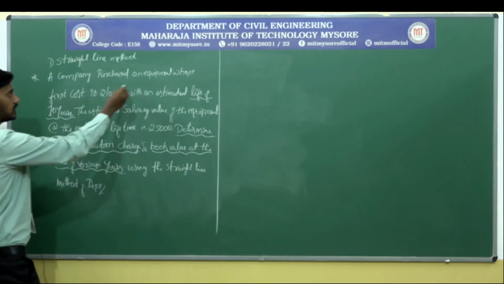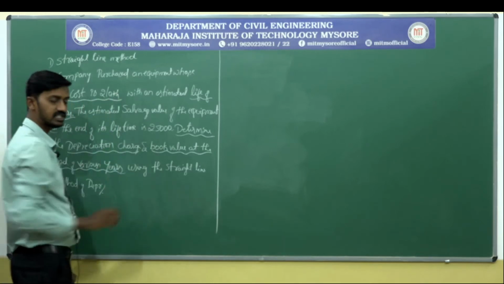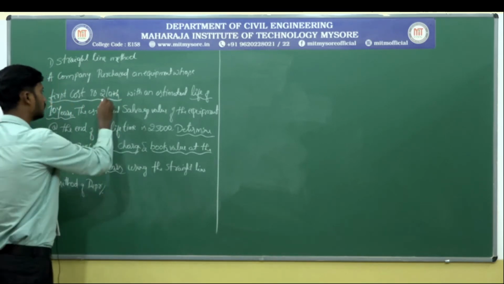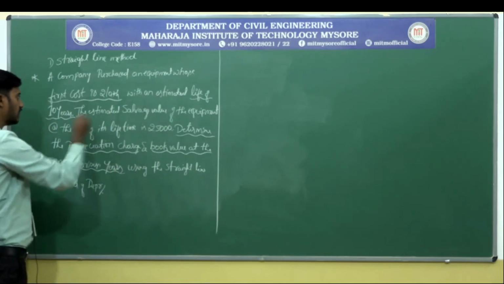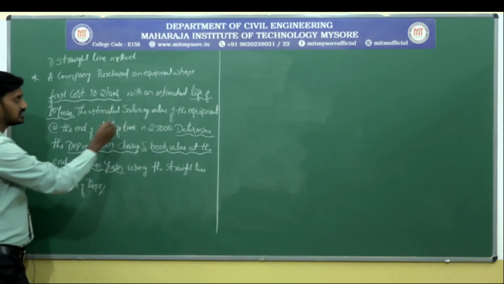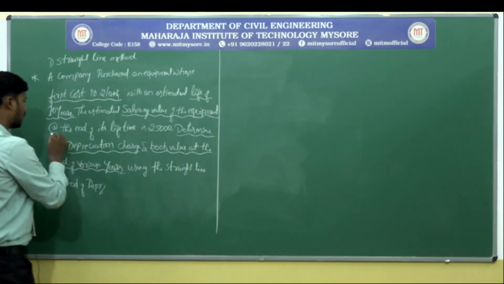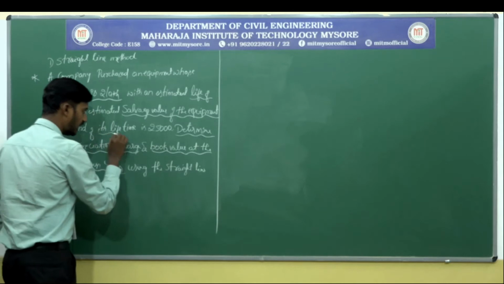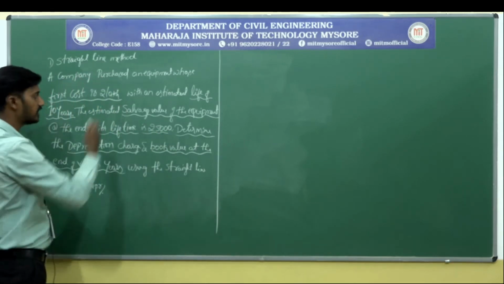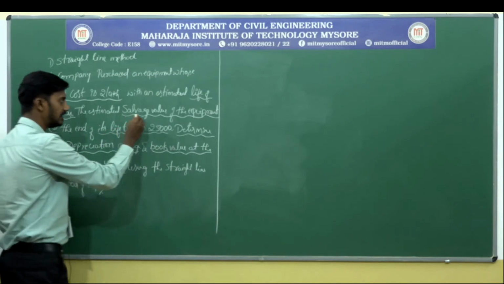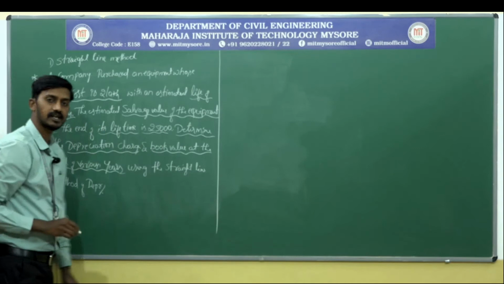The company purchased equipment whose first cost, initially, is rupees 10 lakh, and which has a life of 10 years. The estimated salvage value of the equipment at the end of the lifetime is 25,000. What is salvage value? Here it is clearly telling the salvage value of the equipment at the end of its lifetime.